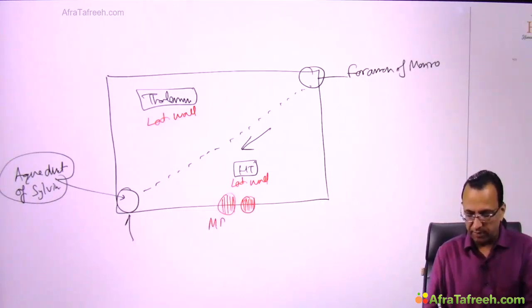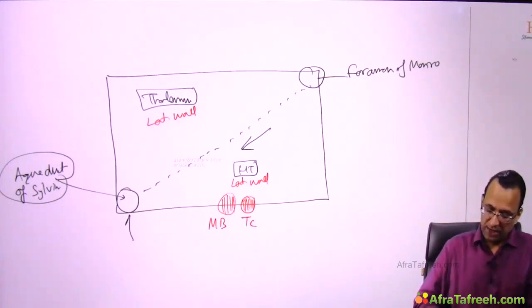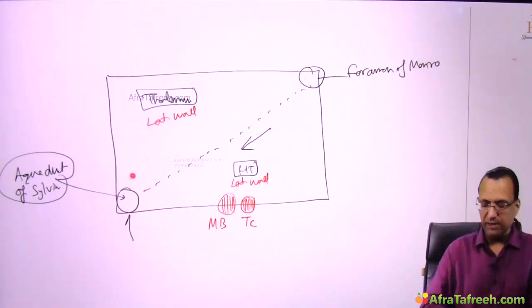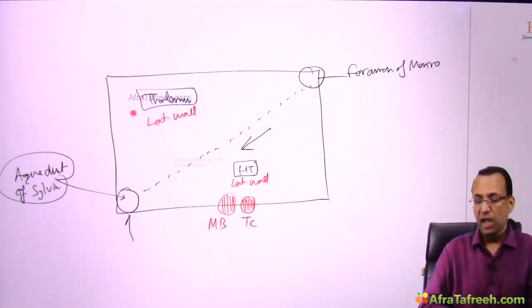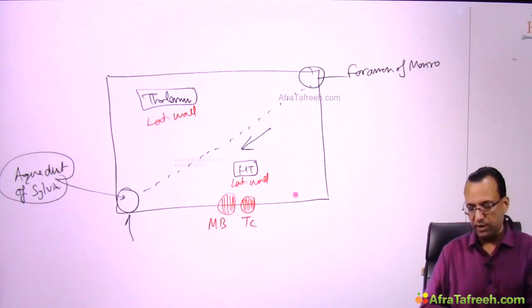So this is the mammillary body and that is the tuber cinereum, part of the hypothalamus. From the foramen of Monro the CSF goes down towards the aqueduct of Sylvius; above it is thalamus, below it is hypothalamus, both lateral wall of the third ventricle, but hypothalamus is also floor, contributing the tuber cinereum and mammillary body.